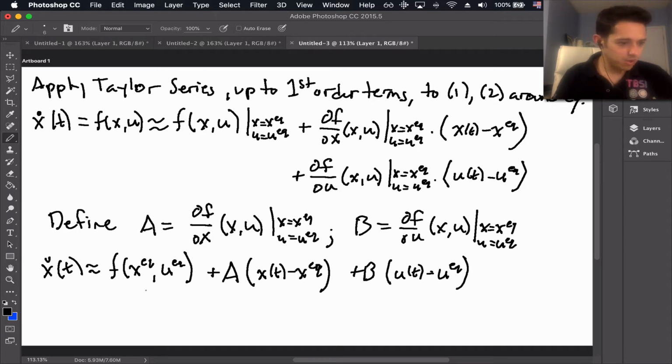Okay, very good. So we're almost there. Now, let's make a few observations. So the first observation I want to make is on the first term on the right-hand side here. Now, this equals 0 by definition.